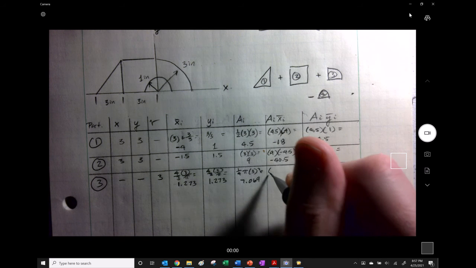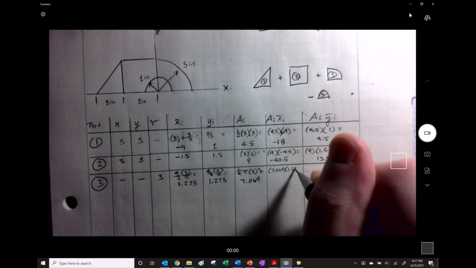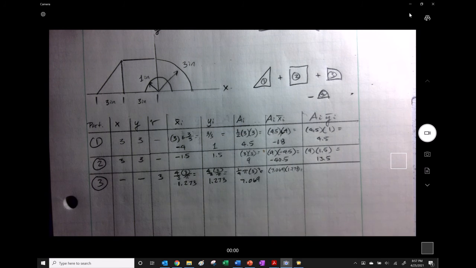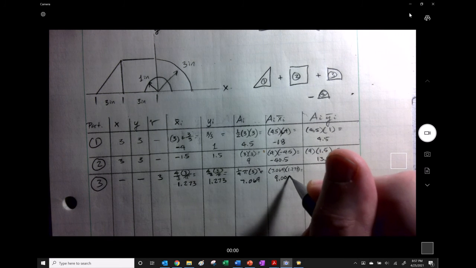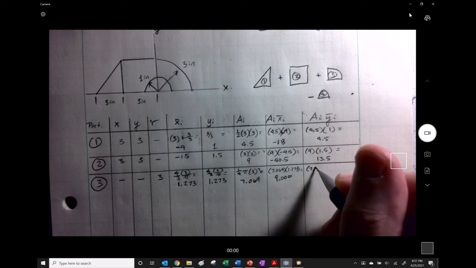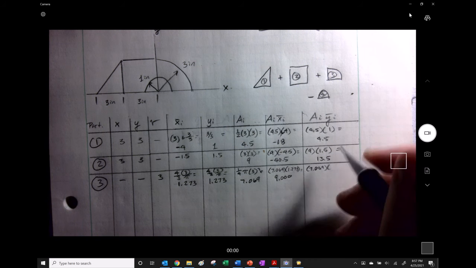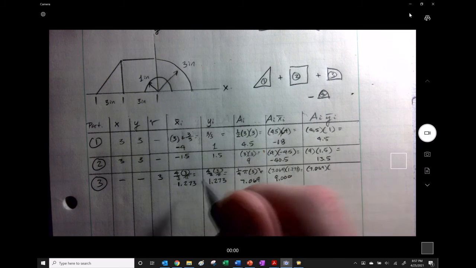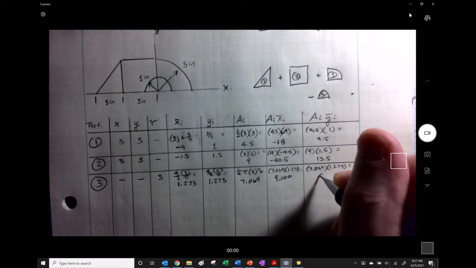So let's take that, 7.069 times 1.273 equals, boom. Turns out to be 9. Huh, interesting. And 7.069 times, well, once again, same thing, 1.273. It's going to be 9.